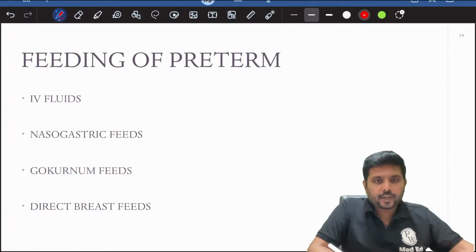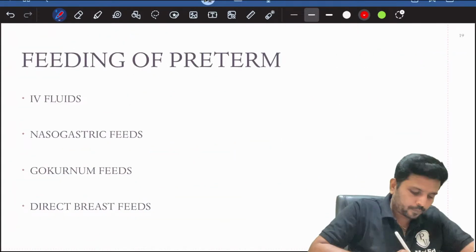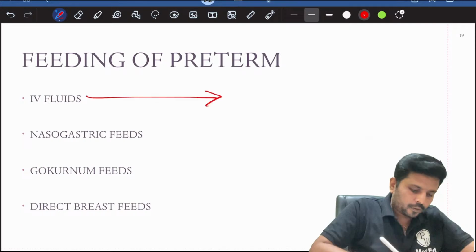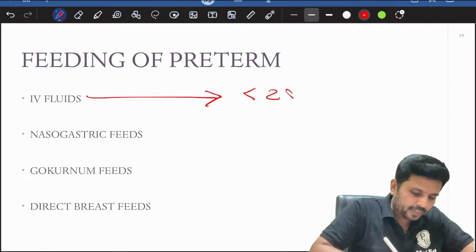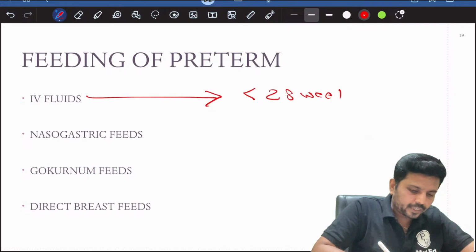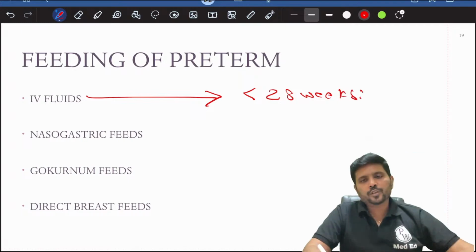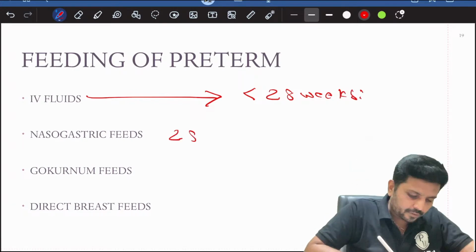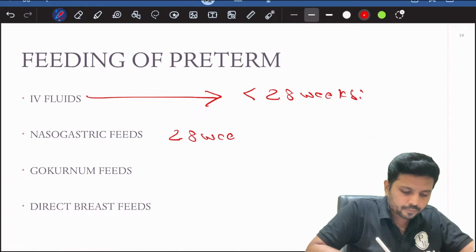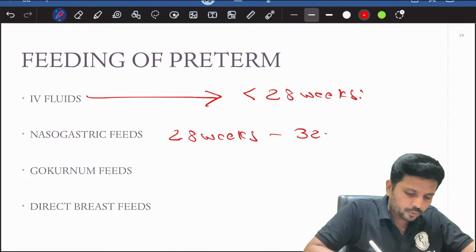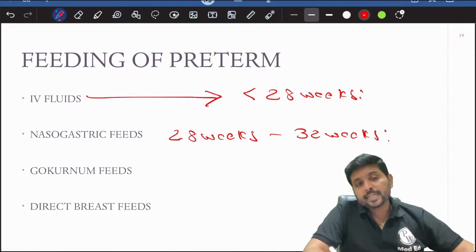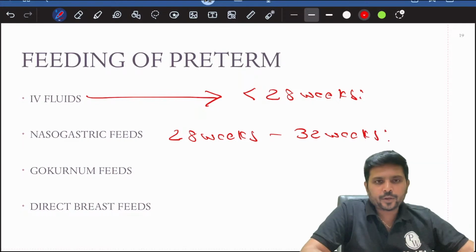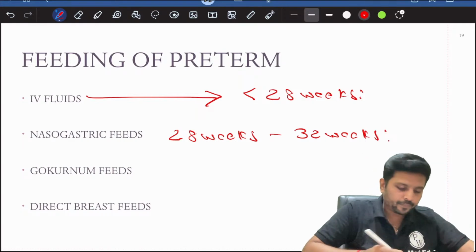Okay. So feeding of preterms less than 28 weeks: intestine will not be mature, so you will give IV fluids. Whereas between 28 weeks to 32 weeks, intestine will be mature, but there is no sucking swallowing coordination, so nasogastric feed.